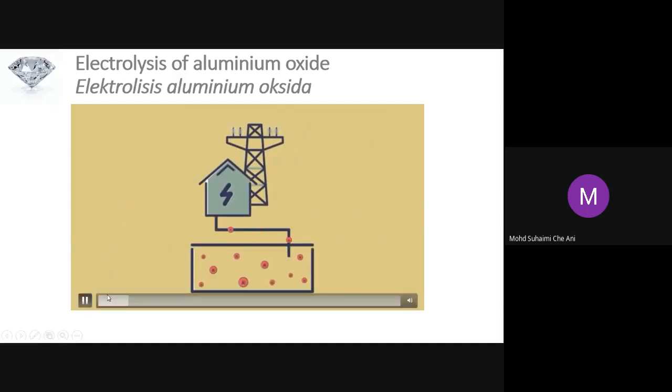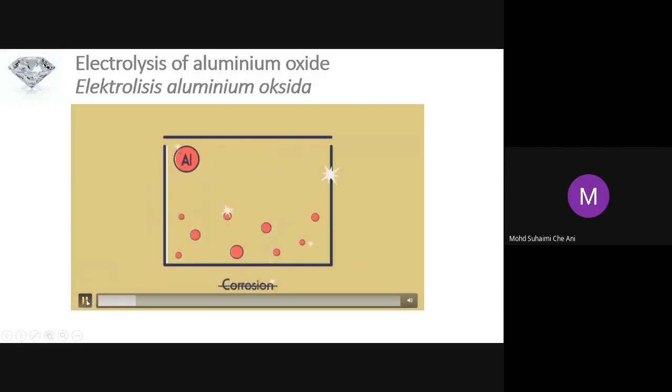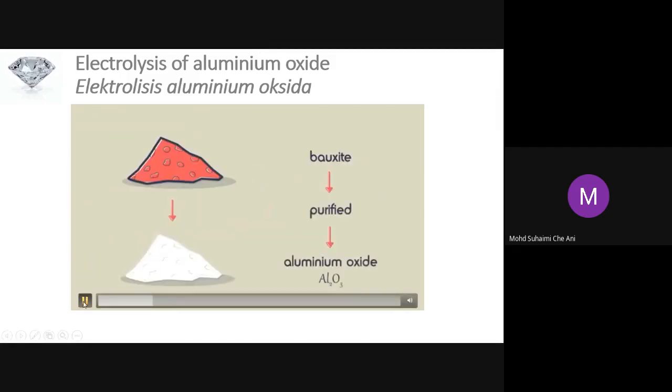So this is using electricity to extract them. Besides electricity, you will use heat also because you want to melt the aluminium oxide. Aluminium can be used in many applications. The mineral for aluminium is bauxite. When you purify the bauxite, you will get aluminium oxide.